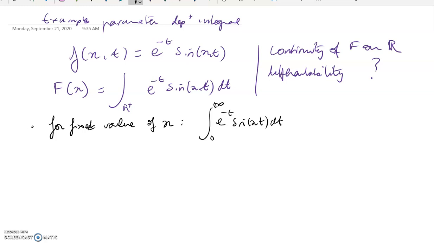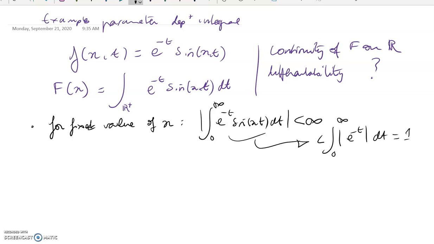And here we nearly already see what we're going to use later on. Of course, this is going to be bounded. Why? Simply because I can bound above my function: that's going to be smaller than the integral of e to the minus t dt from 0 to plus infinity, which is equal to 1. So that's bounded.